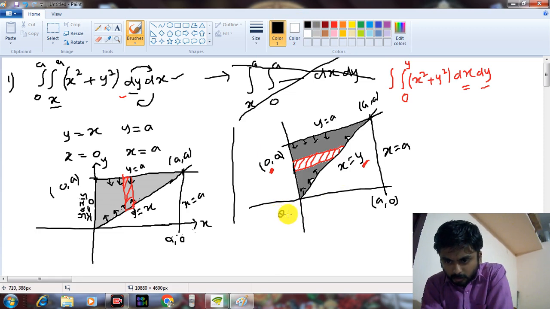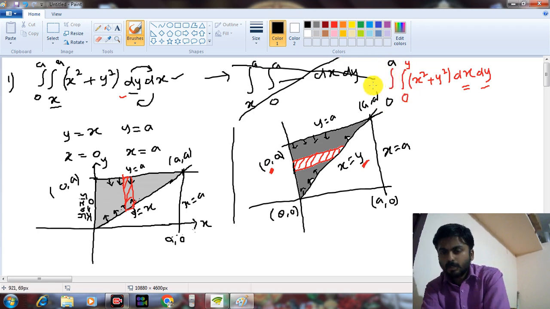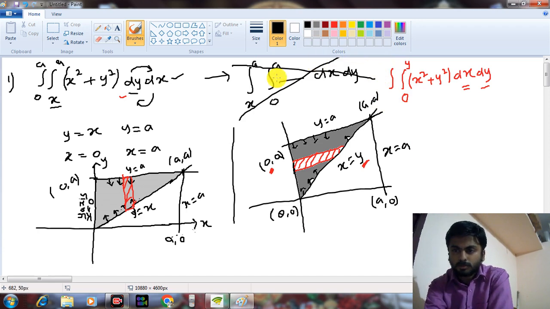The limit of y is varying from 0 to a, sorry, 0 to a.